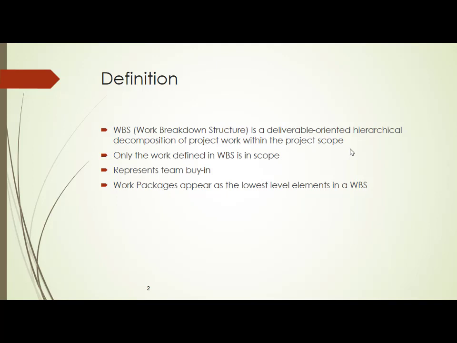I will show you an example, and you will understand that very clearly. Whatever you see in the work breakdown structure is nothing but the project scope, and it represents team buy-in. The team has to actually approve that work breakdown structure.